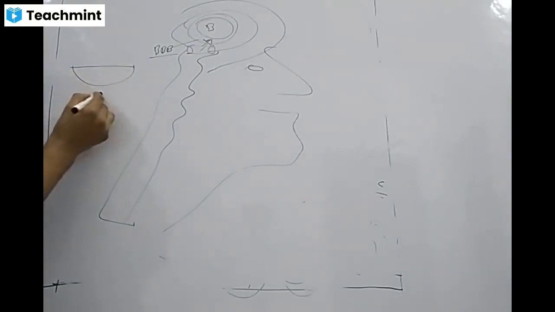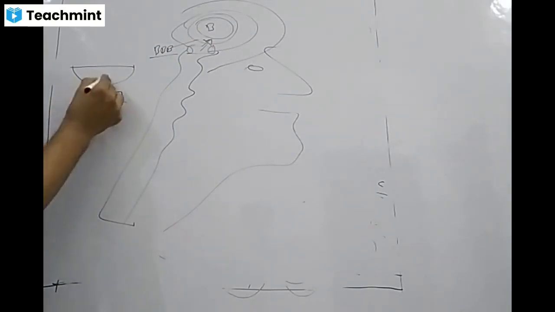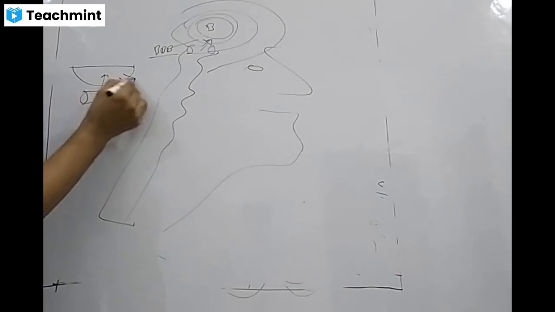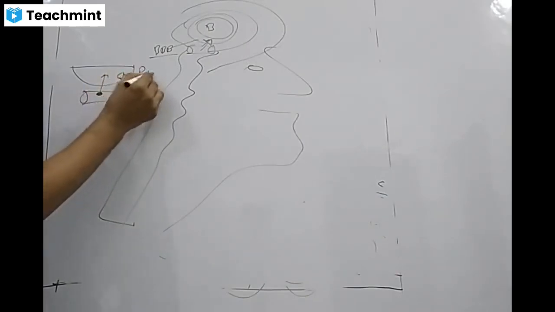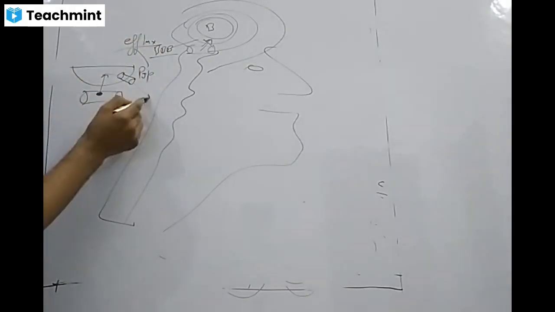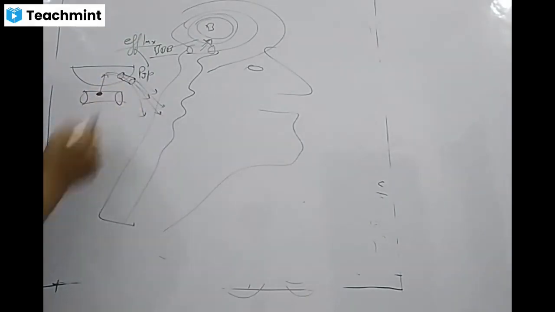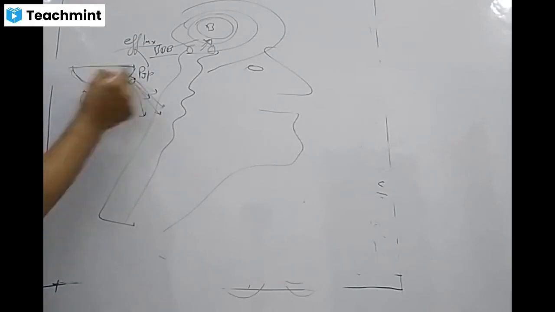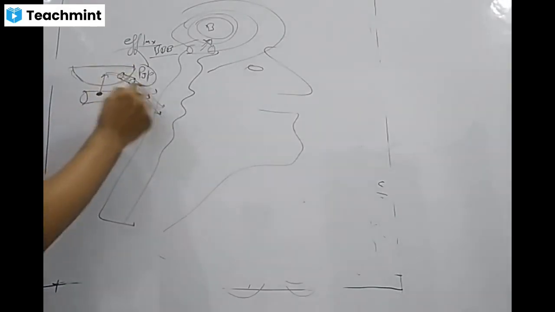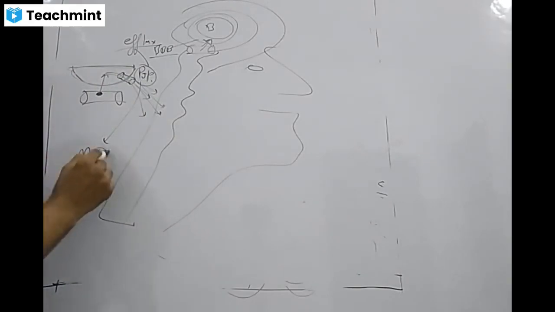By chance, if some molecule from the blood enters, then there is one pump known as P glycoprotein. This is known as efflux pump. It will kick the drug out of the brain, and this pump is found in blood-brain barrier. And this pump is a protein, and this is expressed by a gene, that is MDR1.